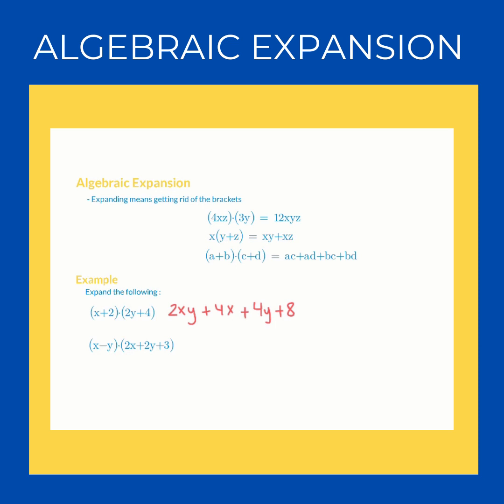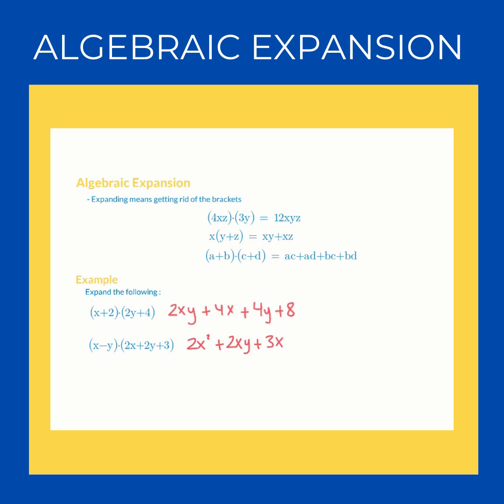So first I have x times 2x, which is equal to 2x squared. Then I have x times 2y, which is 2xy. And I have x times 3, which is 3x.